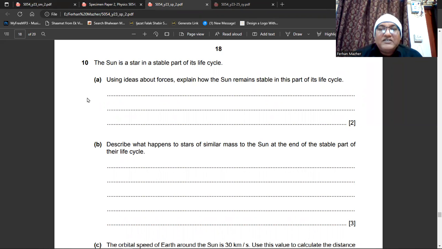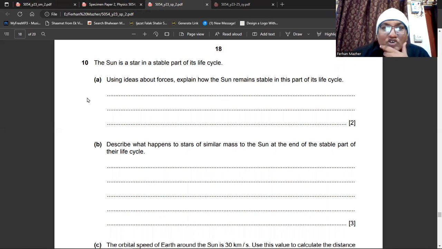Once that happens, the star will convert into a red giant, and then into a dwarf star: a white dwarf, and then a black dwarf.